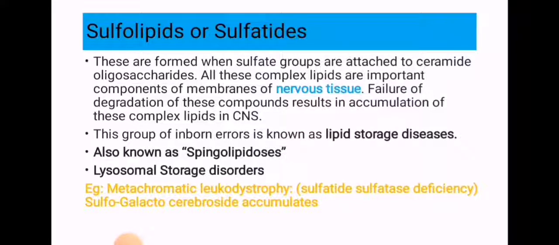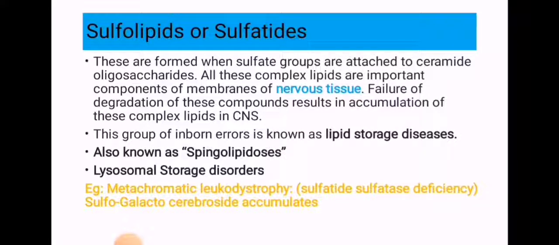Also, these are lysosomal storage disorders because the enzymes which are deficient are found in the lysosomes. Whenever there is a deficiency or defect in the breakdown of the sulfolipids, this leads to their accumulation, which leads to the lysosomal storage disorder.